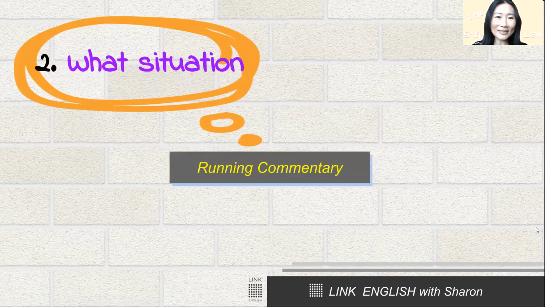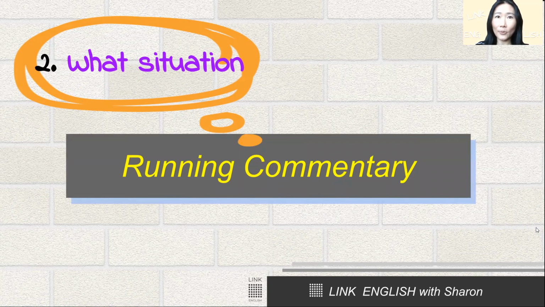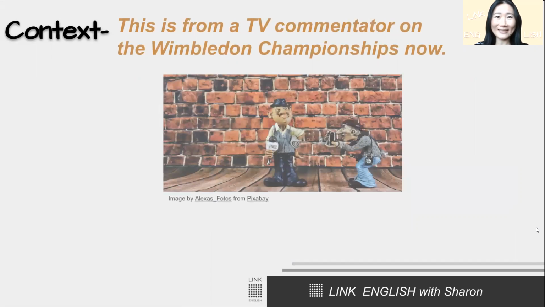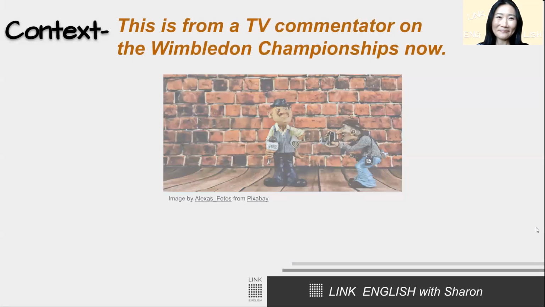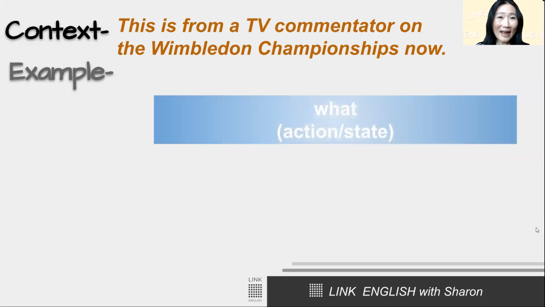Next situation, running commentary. What does that mean? Look at this example. This is from a TV commentator on the Wimbledon Championships now. So, it is a live tennis game, and the commentator is reporting what is happening in the game. And what action?